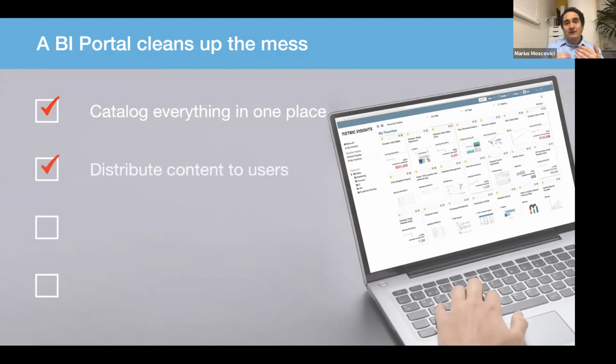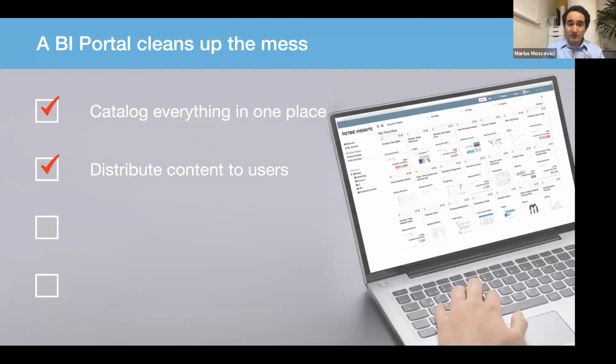Second, the BI portal allows you to distribute content to your users. It is not enough to simply put all the content out there, even if you've done a good job of curating and cleaning it up, and expect your users to really engage with all of it. This is because there is a lot of content. Even when you clean things up, there might be 20 dashboards that I, as a user, am interested in.